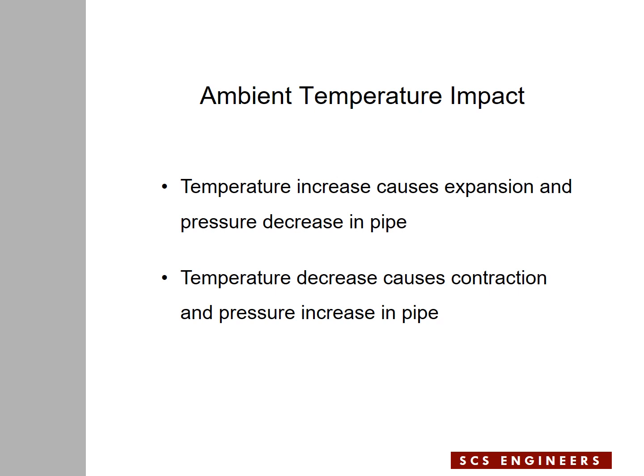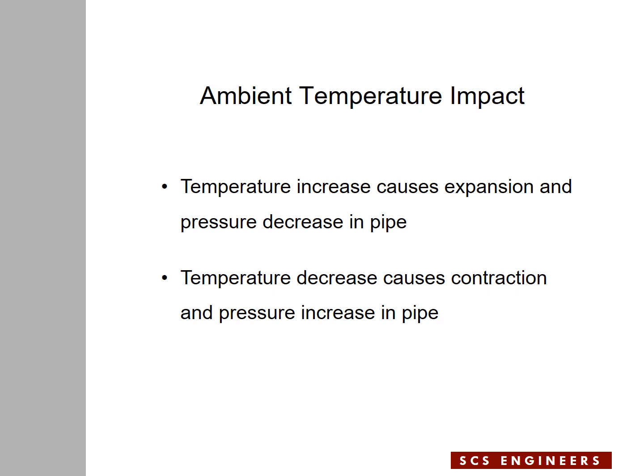Ambient temperature impact could go in two different directions. If temperature increases, that causes expansion in the pipe, and as a result pressure inside the pipe decreases. This pressure decrease has nothing to do with pressure decrease due to a leak in the pipe or a leak in an extrusion weld or a butt fusion weld of the pipe segments.